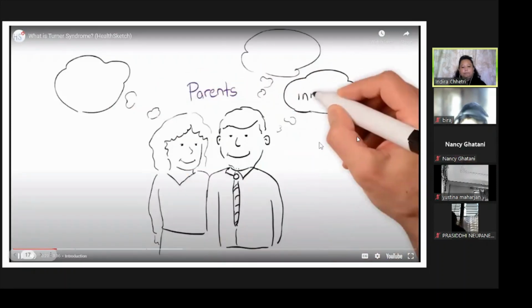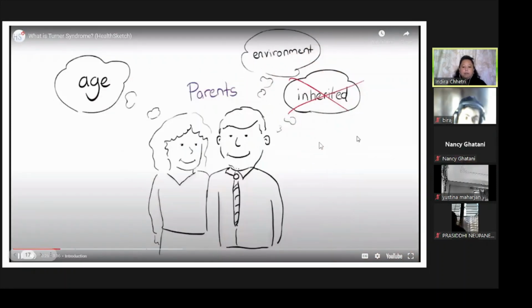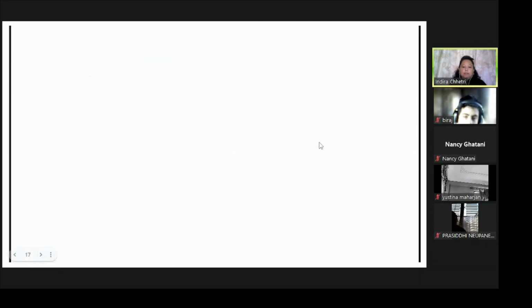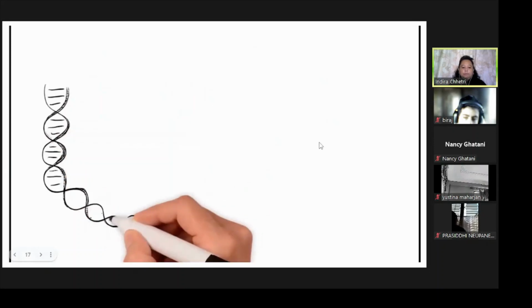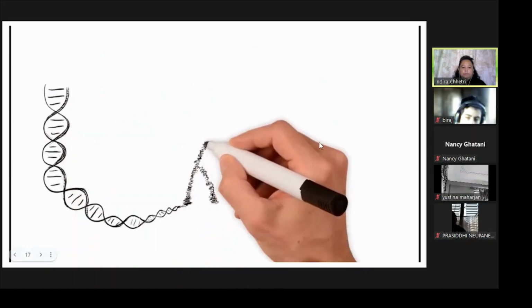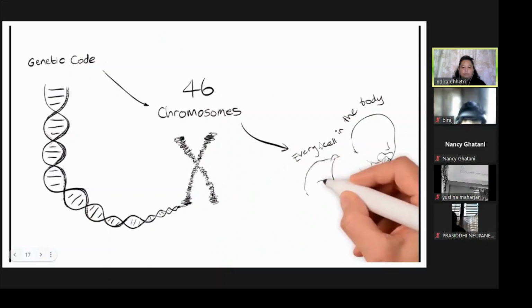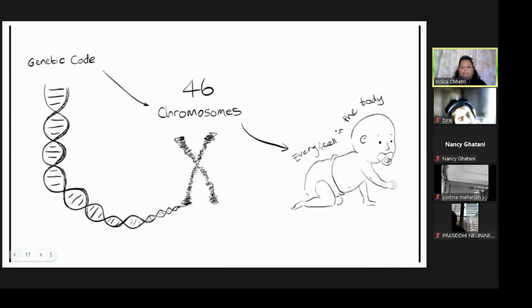Unlike other genetic conditions, it's not inherited from parents and has nothing to do with a mother's age or environment. Instead, it happens randomly based on how a girl's genes are first formed. Our genes are like a code which determine how we look and how our body works. All of these genes are wrapped up in 46 chromosomes, which are found in every cell of the body.